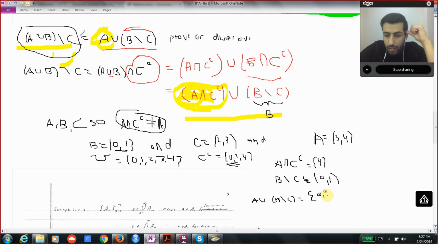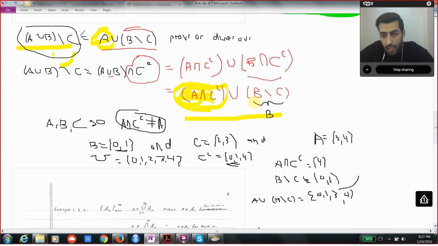That's right. Exactly. Right, so what this means, B slash C means B intersection C complement.